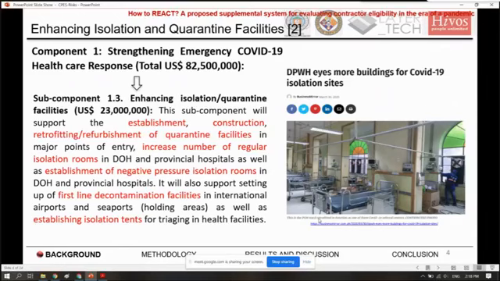But the question is, how did the government respond, given that there should be a surge of construction of these facilities that are needed for the government to effectively respond to the COVID-19 pandemic.